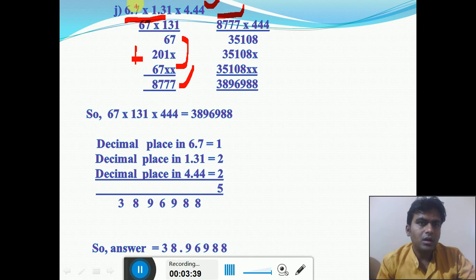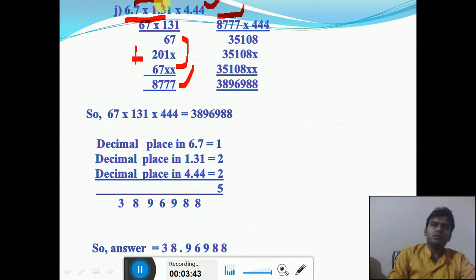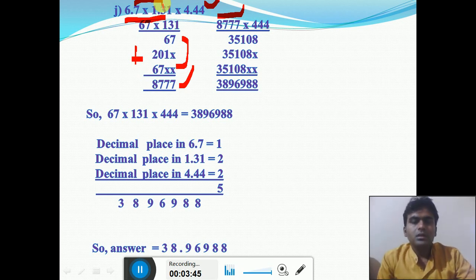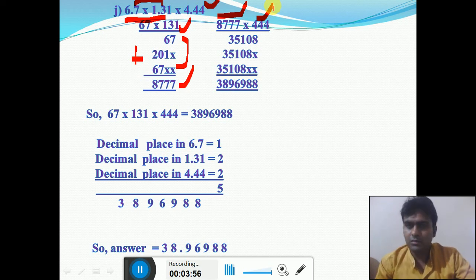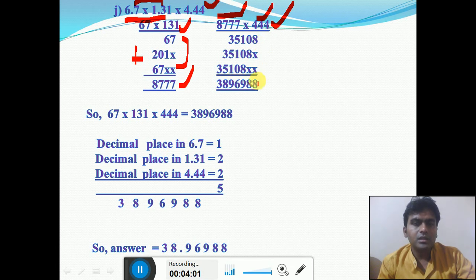Two numbers, 6.7 and 1.31, we already took. Now we will take the answer of the multiplication of these two with the third number, that is 4.44. So here also we will not write the number in decimal, just first we will multiply the numbers, then we will see what the answer is.